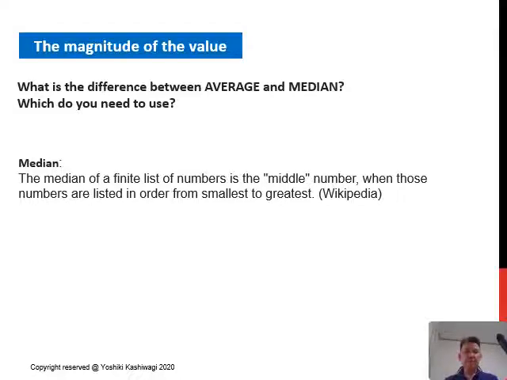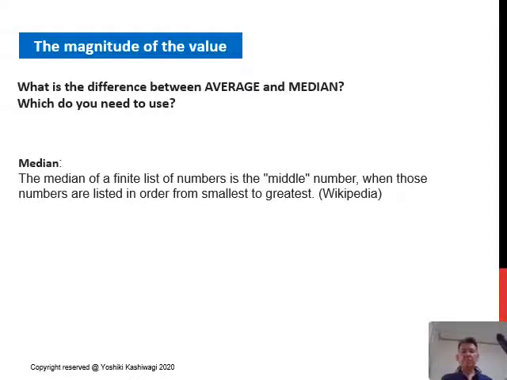I'm afraid some of you are not familiar with median, but here is a definition of median from Wikipedia. If you list all the data in a data set you have in order from smallest to the largest, if you pick up the middle one, that's the median.